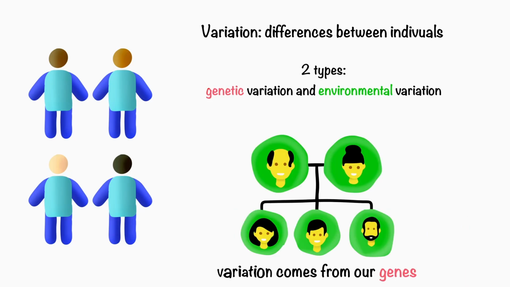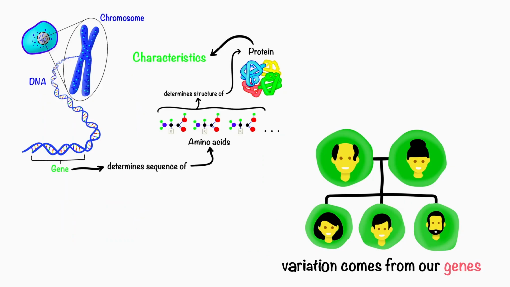Genetic variation comes from our genes. All plants and animals have characteristics that are similar in some ways to their parents. This happens because an organism's characteristics are determined by the genes they inherit. Genes are the codes inside your cells that control how you're made.